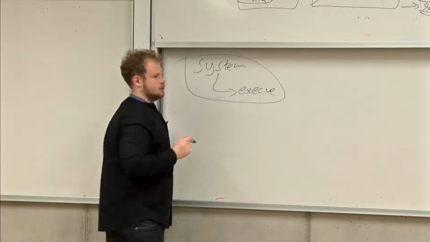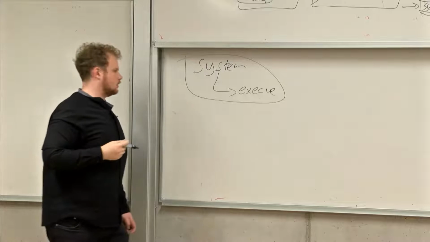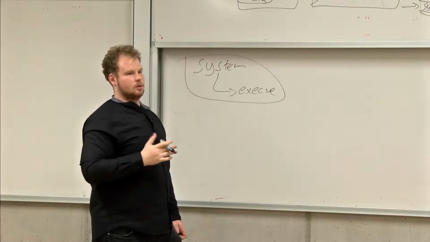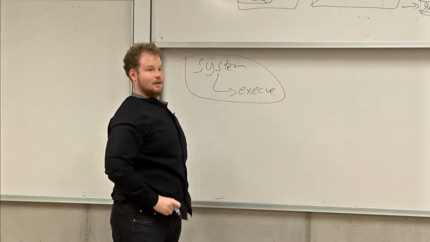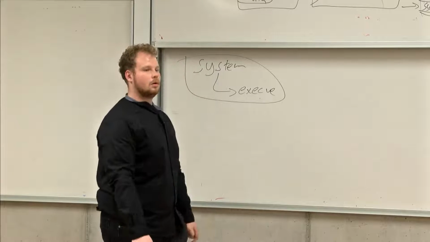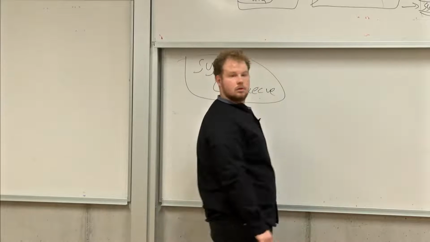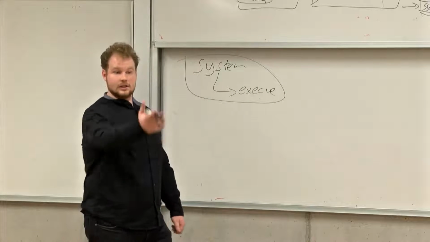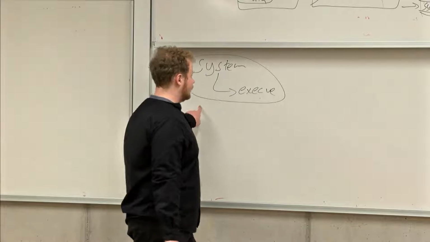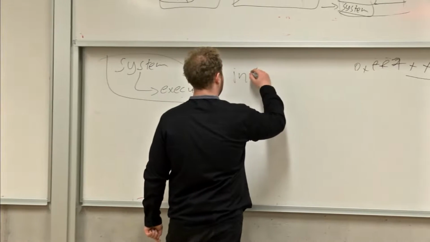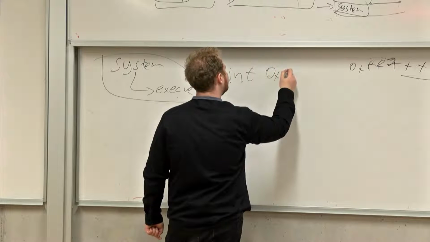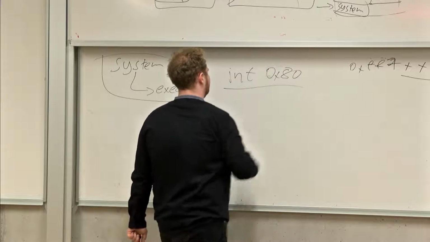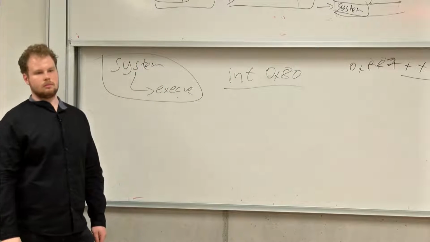We just need this. How are system calls called in assembly? Does anyone know? How do you call a write syscall? Exactly. This is int 0x80 in x86.